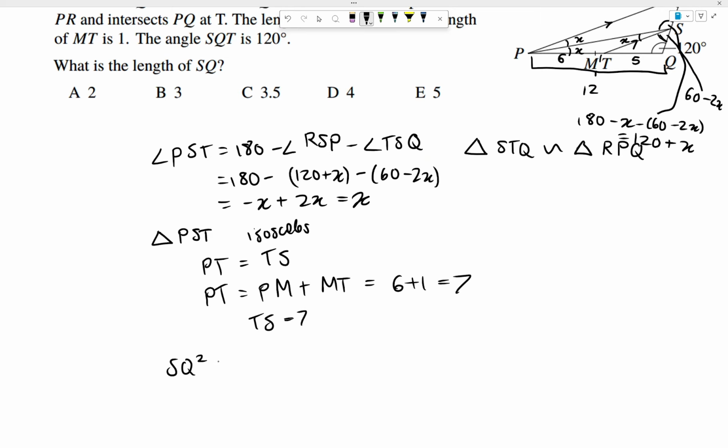So SQ squared plus TQ squared minus 2 times SQ times TQ cos of 120 is equal to TS squared.